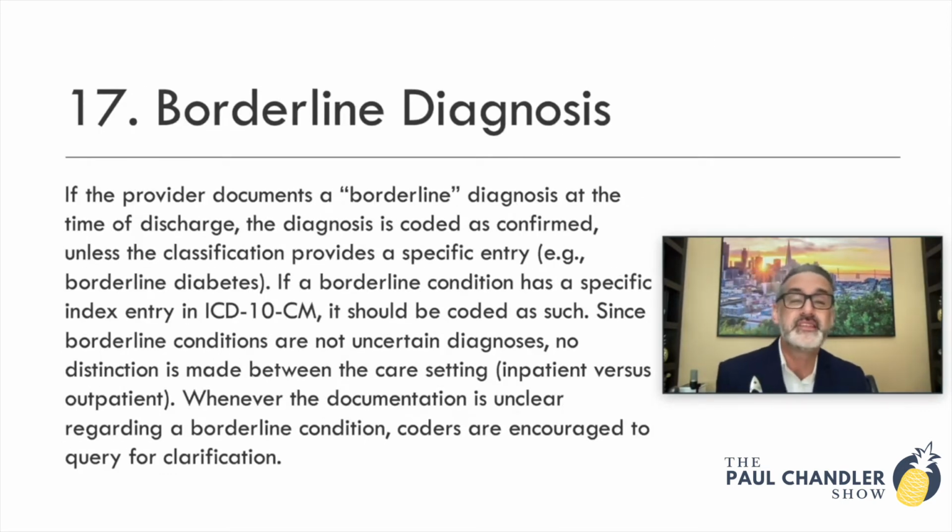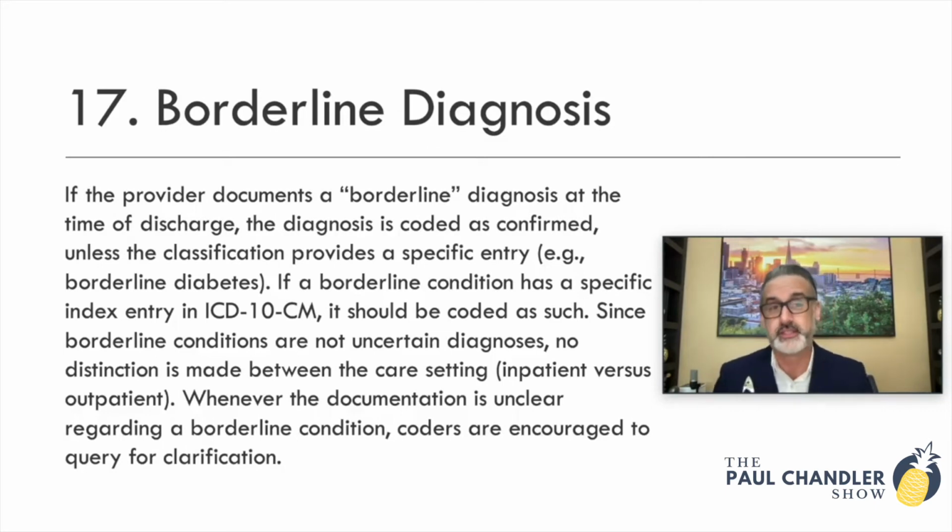Now, part number 17 here deals with borderline diagnoses, and I just call it a unique term, if you will, because like the guidelines show, if the provider documents something as a borderline diagnosis when the patient's discharged, the diagnosis is coded as confirmed unless the classification provides a specific entry, for example, dropping down and saying borderline.